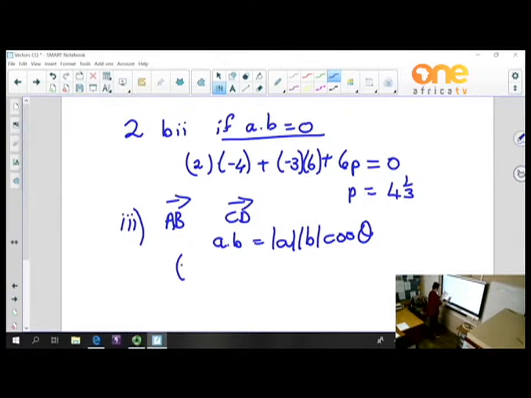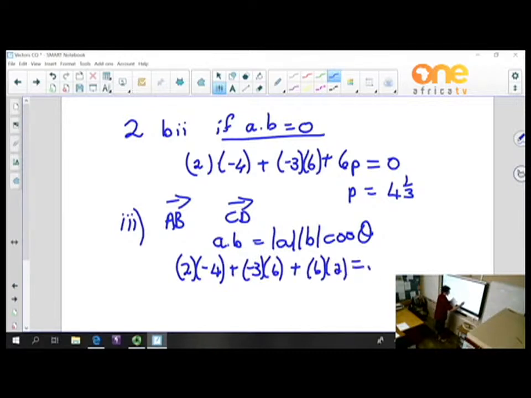What is A dot B? It's ii plus jj plus kk. 2 times negative 4, plus negative 3 times 6, plus 6 times negative 2 is equal to, now remember, here you mix the two. Here we just want the magnitude of AB, so we're just going to find the magnitude of AB: 2 squared plus negative 3 squared plus 6 squared.